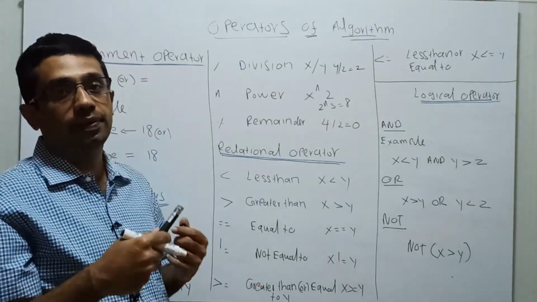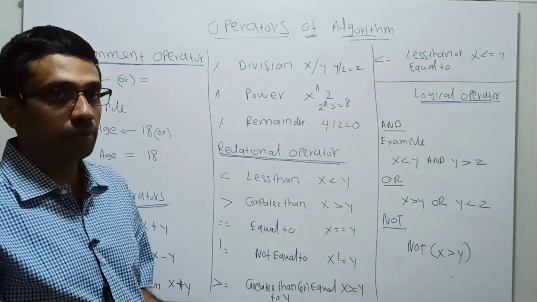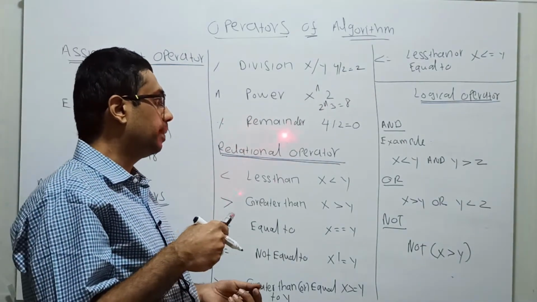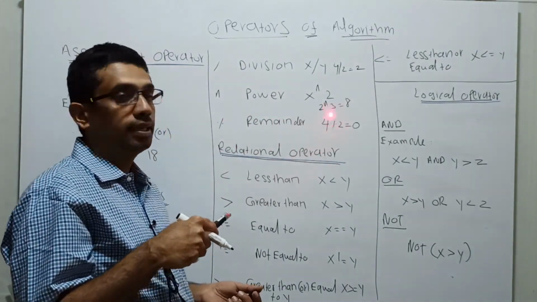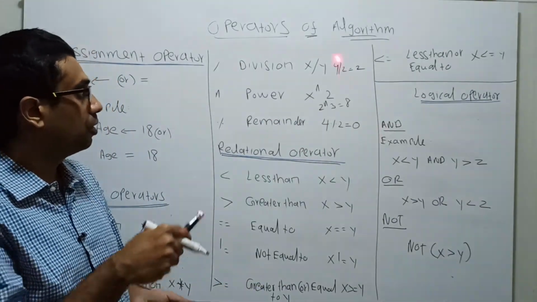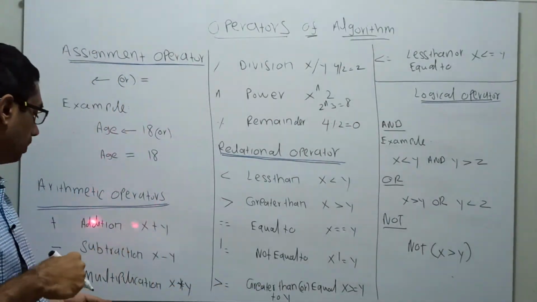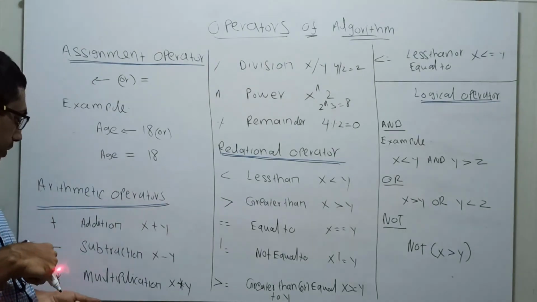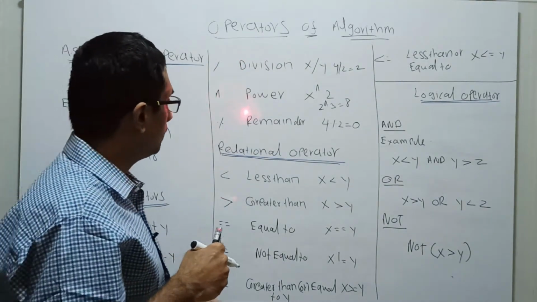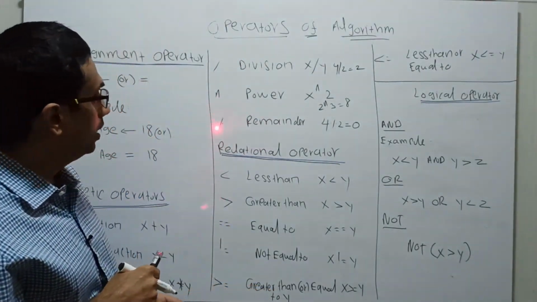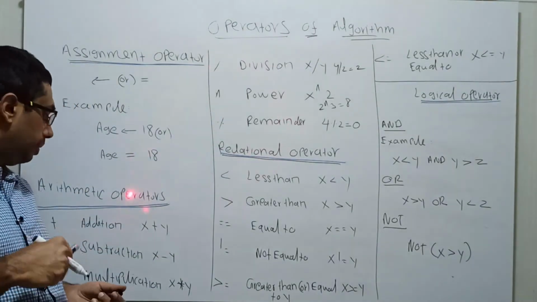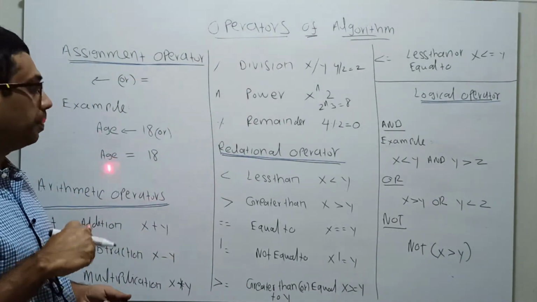When we divide 3 by 2, the remainder is 1. So plus, minus, star, slash, cap symbol and the percentage symbol are all the arithmetic operators.